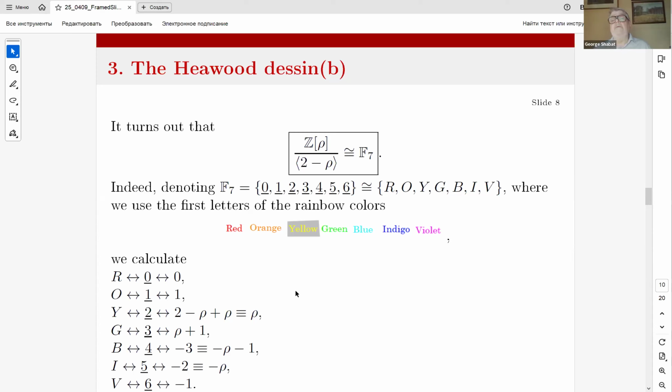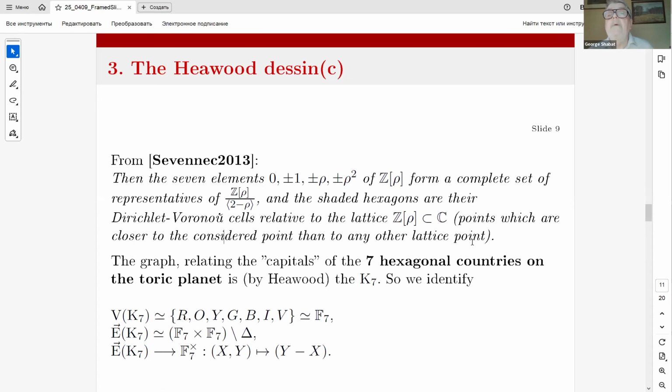I mean, the algebraic representation of the Dirichlet-Voronoi domain of it. So now a bit more quotation.